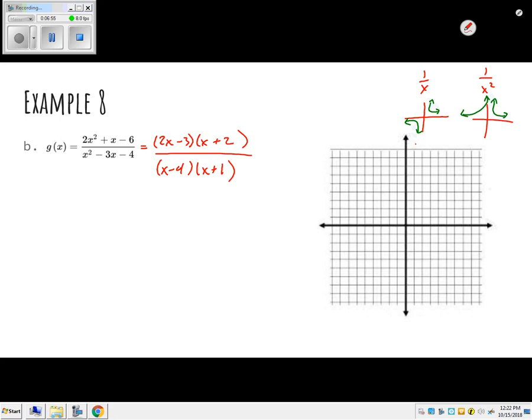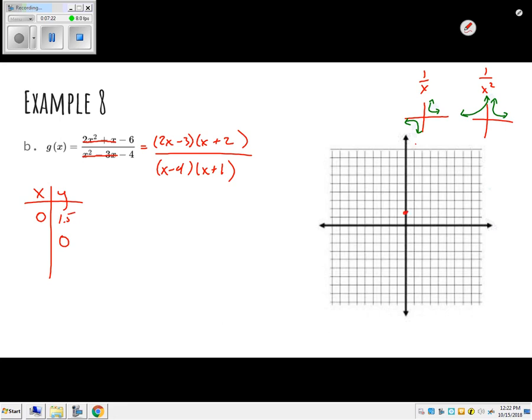So I am ready to go to my x and y intercepts, so plug in my zeros. If I plug in 0 for x, I think it's easier to plug in 0 for x up here. It just makes all the terms that have x in them cancel. I'm left with -6 over -4, which is 1.5, right here.